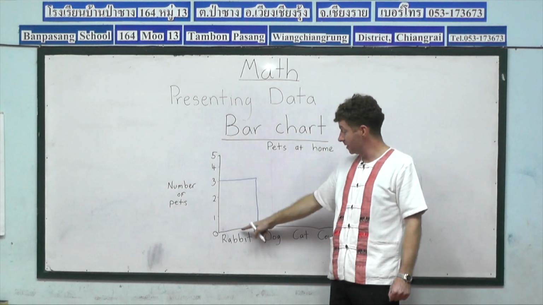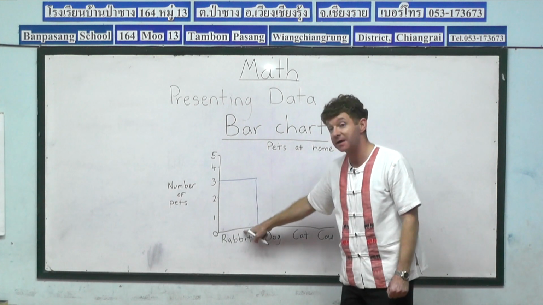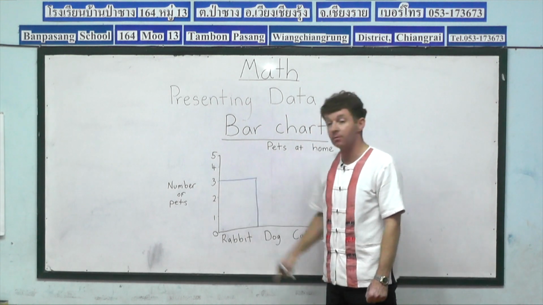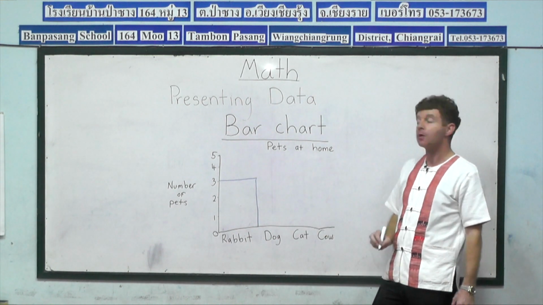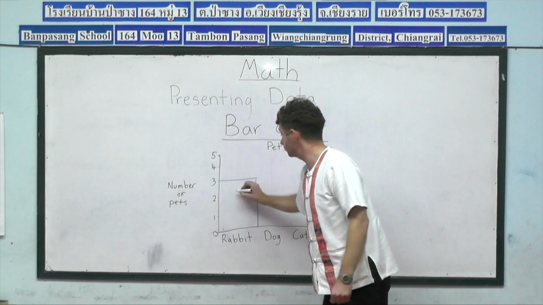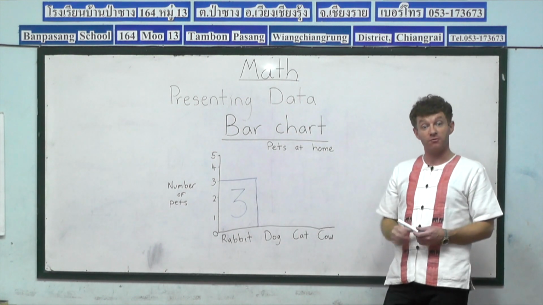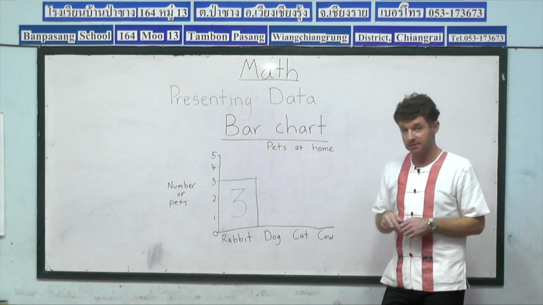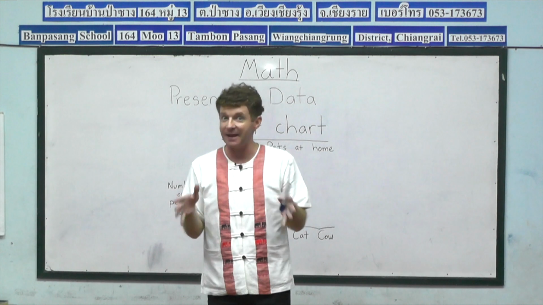You can see by reading up to the top of the bar for the rabbit category and looking at the numbers, we have 3 rabbits as pets at home. Once we know, we can just write a big 3. If the bar is big enough, we can write the number inside. So I've demonstrated our first pet at home.